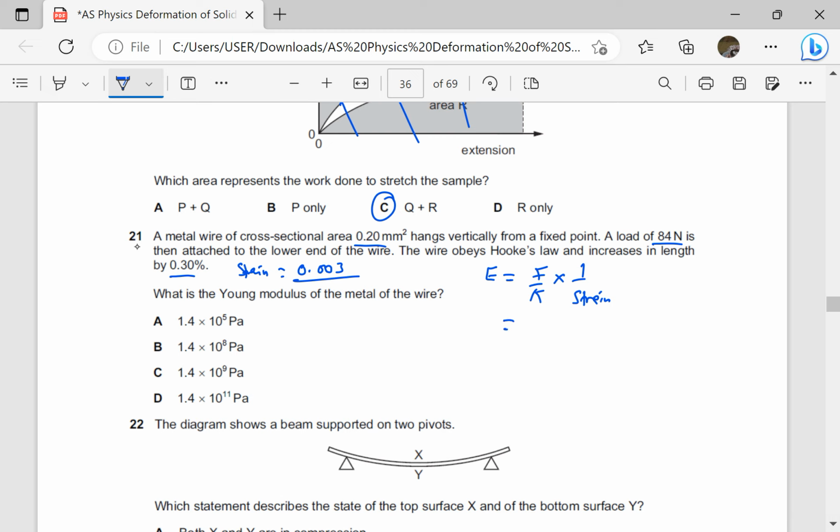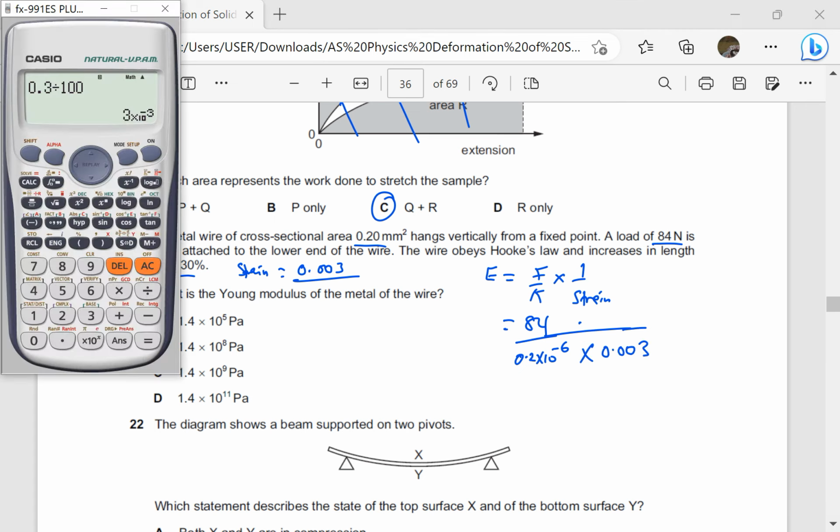So this is going to be the force, which is 84 divided by the area. I'll change the area from millimeters squared to meters squared. So that is 0.2 times 10 power negative 6. Then in the denominator, I'll just say times 0.003. So this is 84 divided by 0.003 times 0.2 times 10 to the power negative 6.